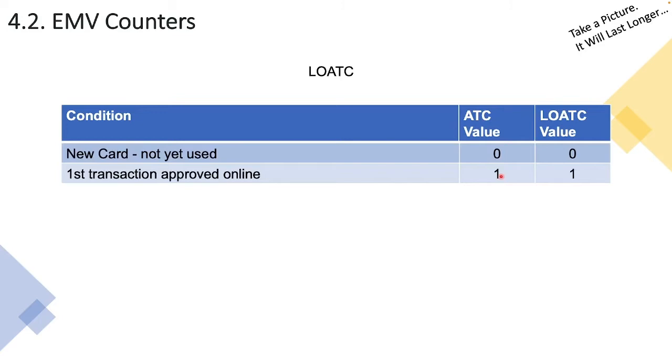The LOATC value, remember the card takes a snapshot of this ATC value and writes it to the LOATC value. And so now we have an LOATC value equals 1.